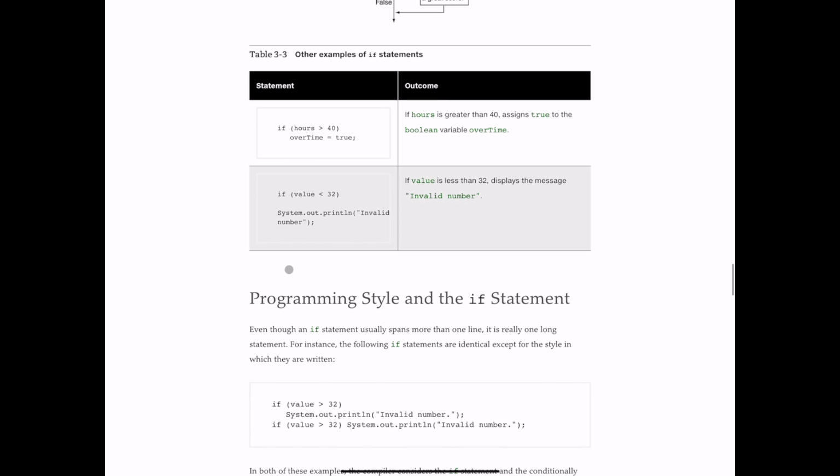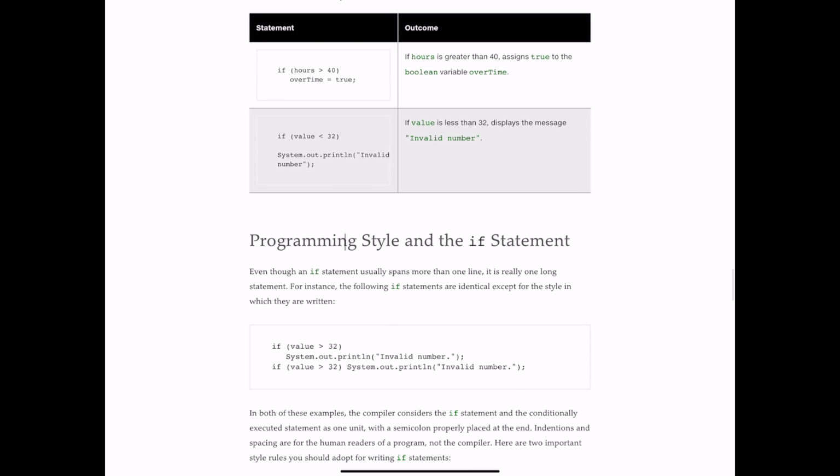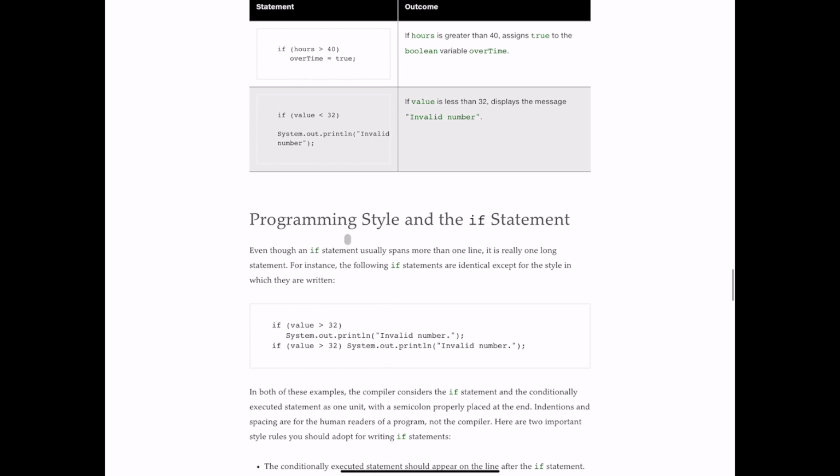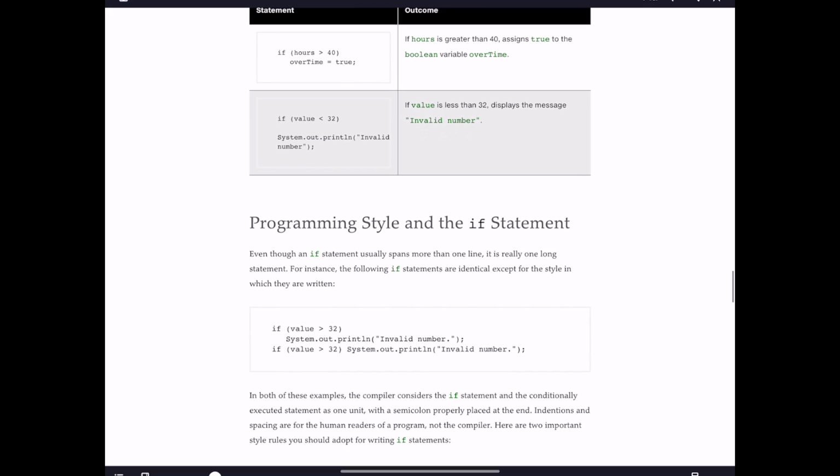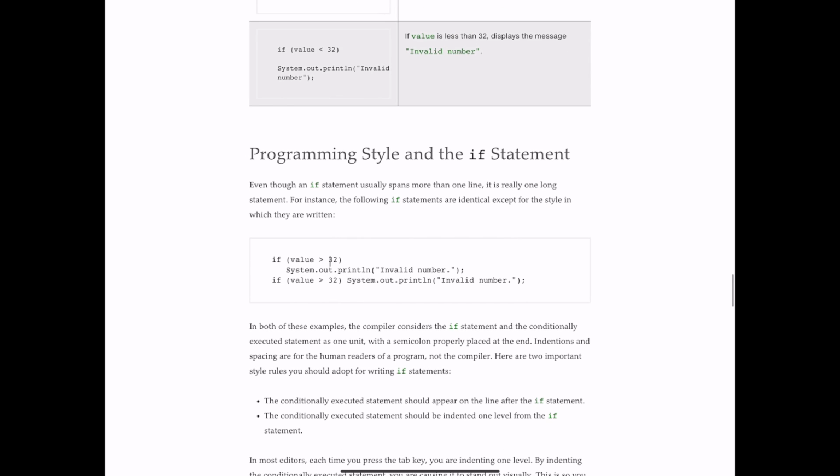Now, let me point out a little bit of something here. This is 3.1 programming style. This is on page 117. How this is written here is a bad habit to form. Is it absolutely positively true that the statement that immediately follows, so here is an if statement, inside of the parentheses, this is the condition for which we are checking.